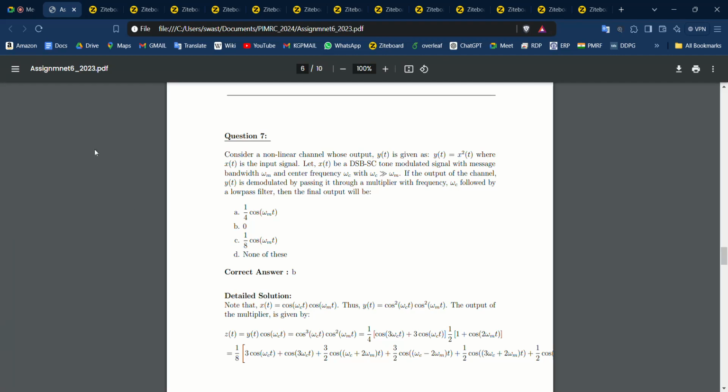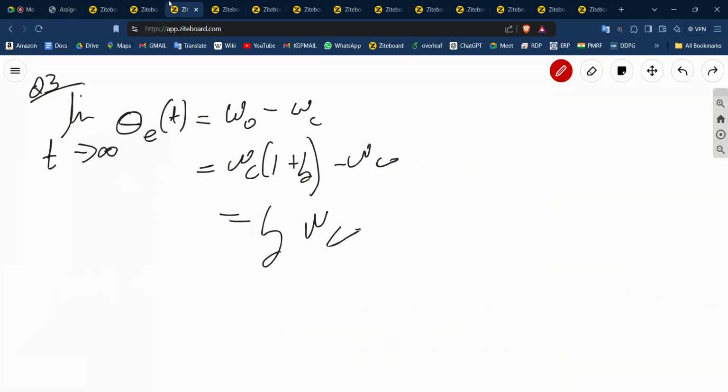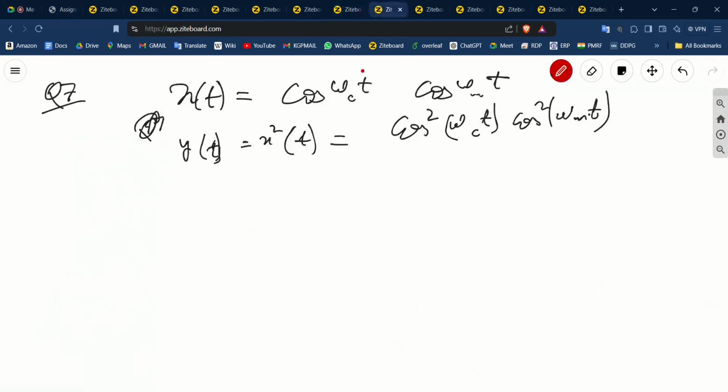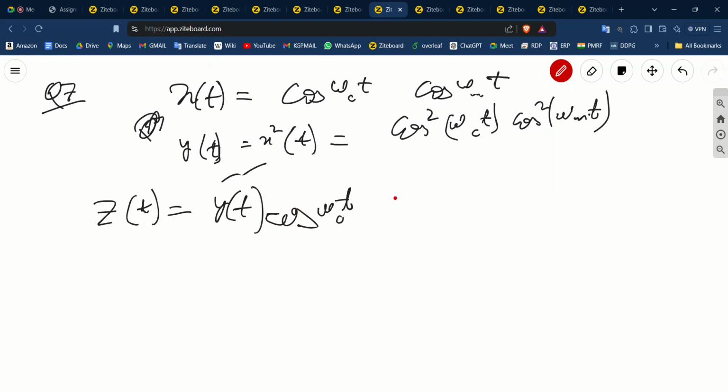So we multiply this y(t) with cos omega c t. The final output is z(t) equal to y(t) cos omega c t. So this will be cos cubed omega c t cos squared omega m t.